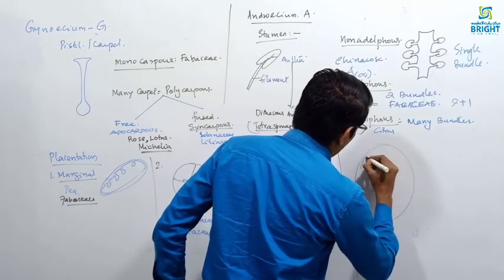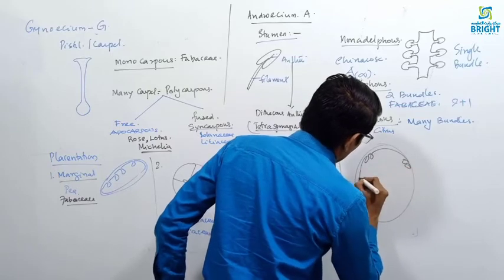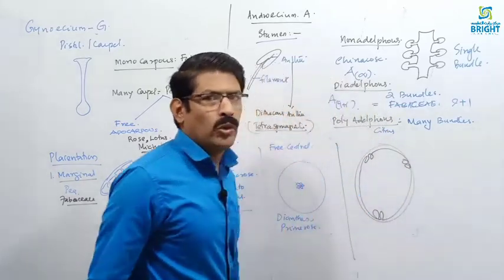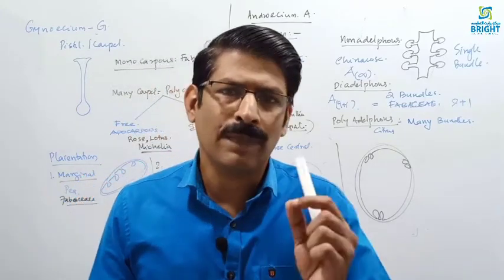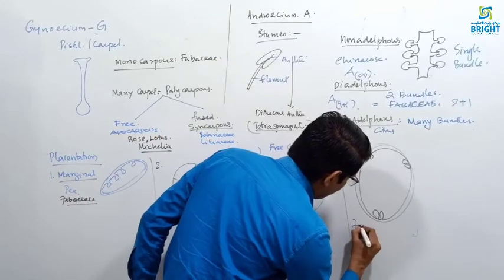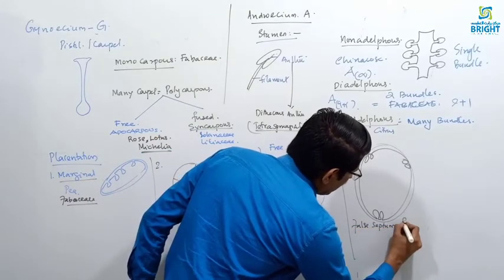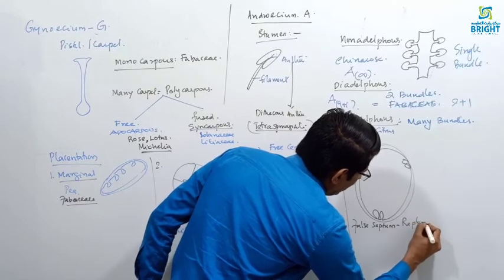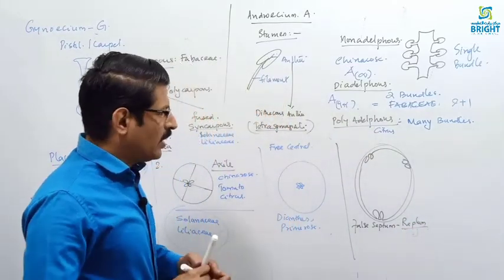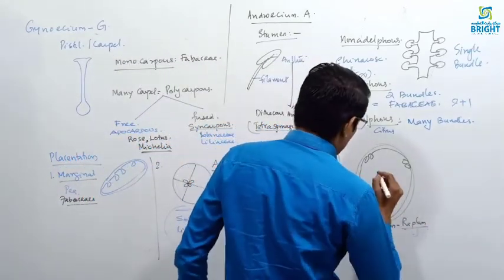And the next, the fourth type, is when the ovules are present on the peripheral region. Normally the ovary is single chambered, but due to the presence of a false septum called the replum, don't forget the name, replum, it is divided into two chambers.